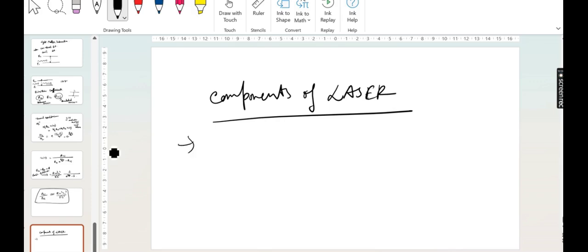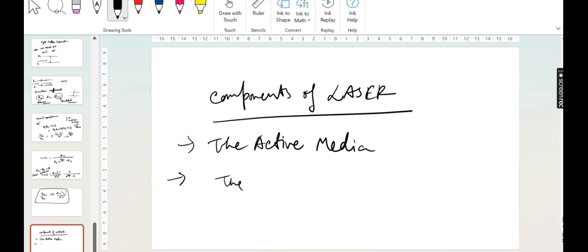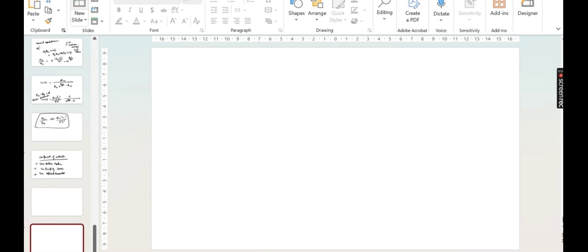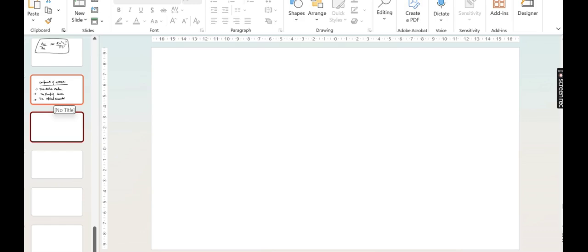Components of laser are the active medium, the pumping source, the optical resonator. So you know what active medium is.